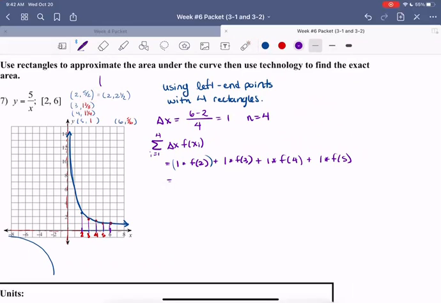So our output values here: f of 2 is 5 over 2, f of 3 is 5 over 3, or 1 and 2/3, f of 4 is going to be 5 over 4, and then f of 5 is 5 over 5.